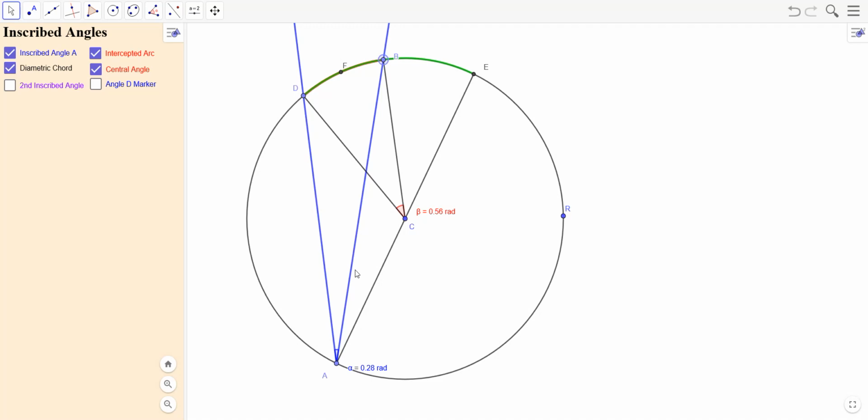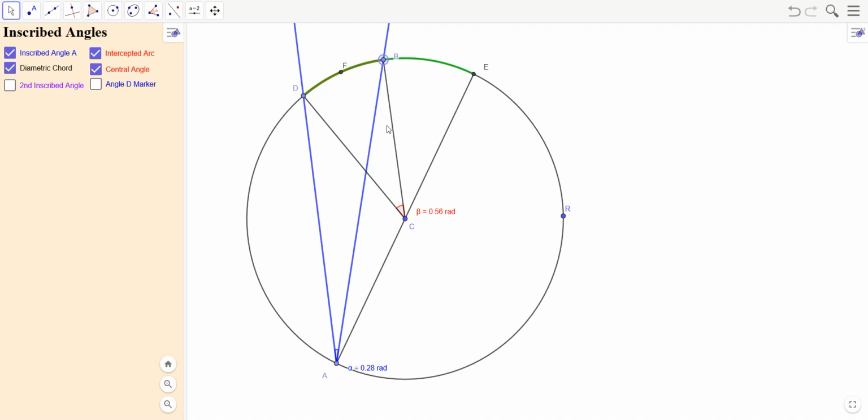So if you want to find angle DAB or BAD, the one we started with, you're going to have to take the bigger angle and then subtract the smaller one here. So you're going to take angle DAE, take the measure of that angle, and subtract the measure of angle BAE. Well, you just do the same thing with the arcs because you got the same relationship among the central angles here.